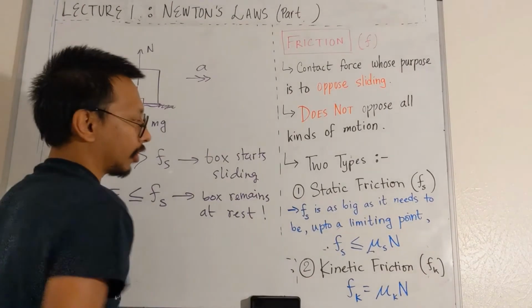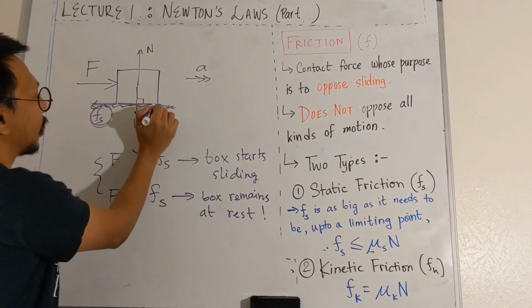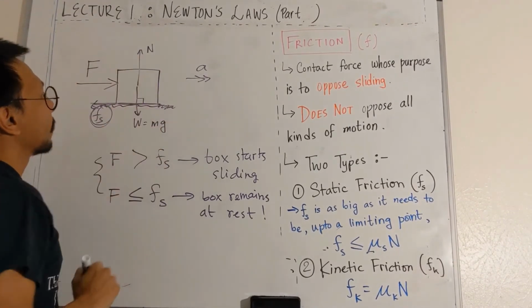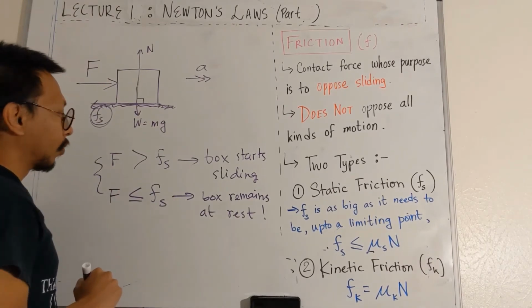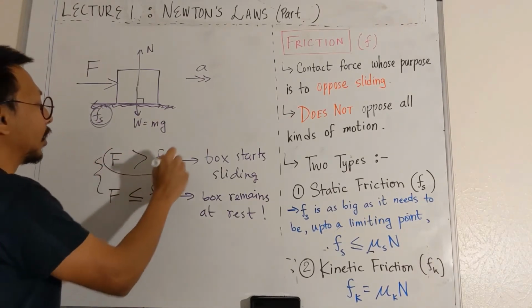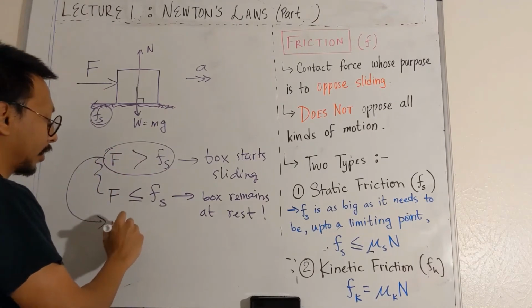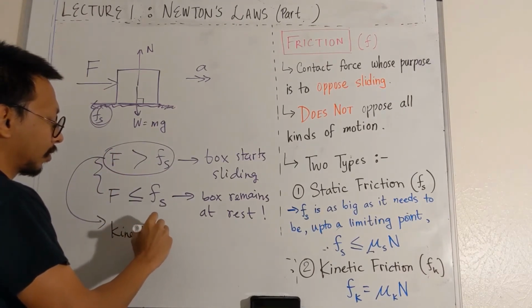However, kinetic friction is not like that. Kinetic friction would exist between the box and the ground at the point when the box starts sliding. So from here on after, we have kinetic friction. Okay?